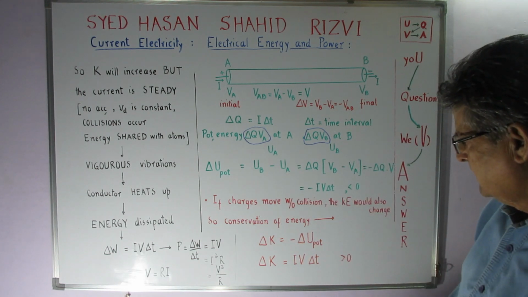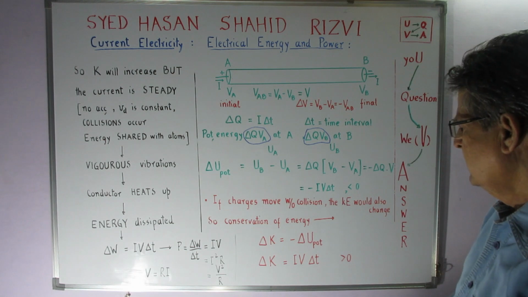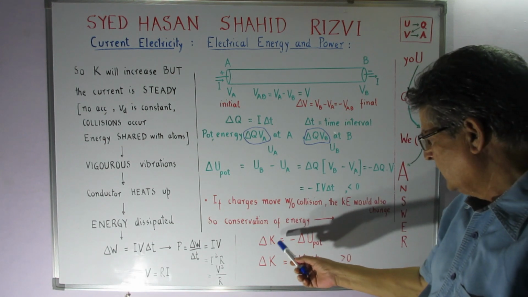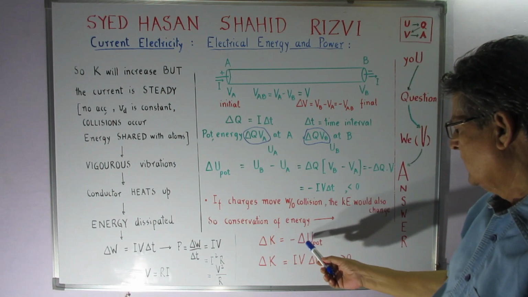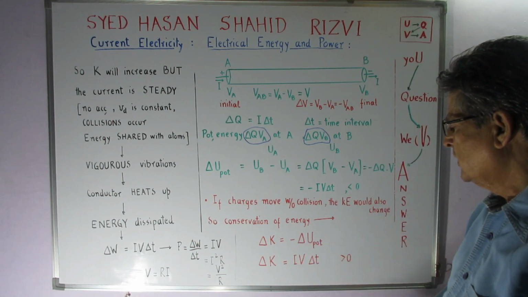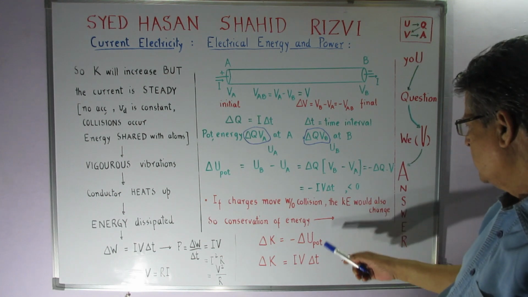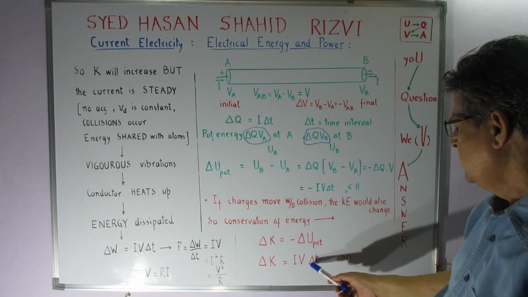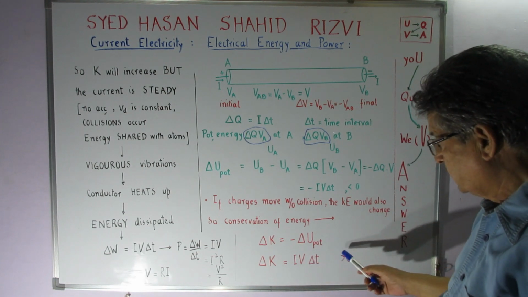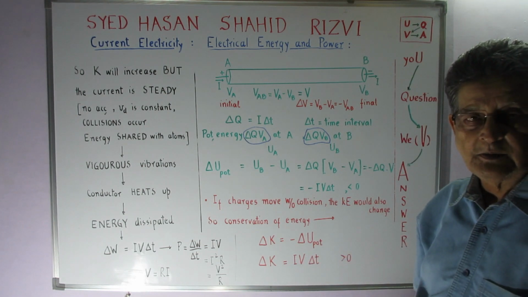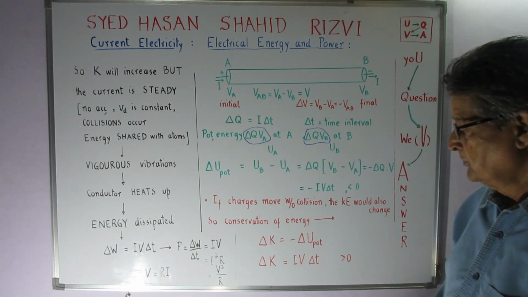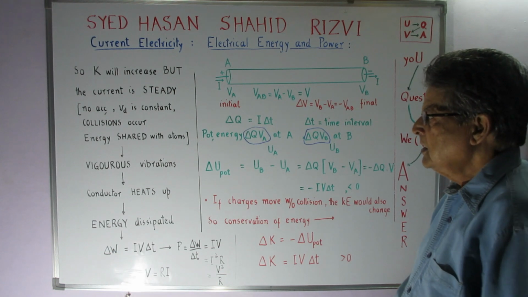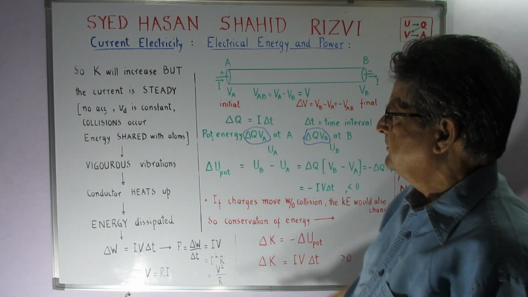So this delta K, the change in the kinetic energy, will become equal to minus delta U, the potential energy. So naturally I can write from here, this becomes I V delta T, which should be greater than 0, and kinetic energy is always greater than 0. So the kinetic energy will increase.